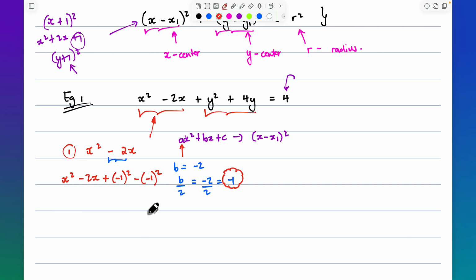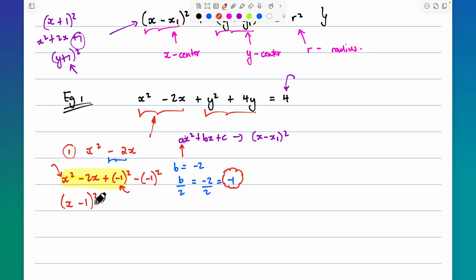And why we do this is because these first 3 terms that we now have over here can now be compressed into one bracket that's being squared. It can now be compressed into whatever's being squared over there, which is your x, and then whatever's being squared over there, which is your negative 1 squared.